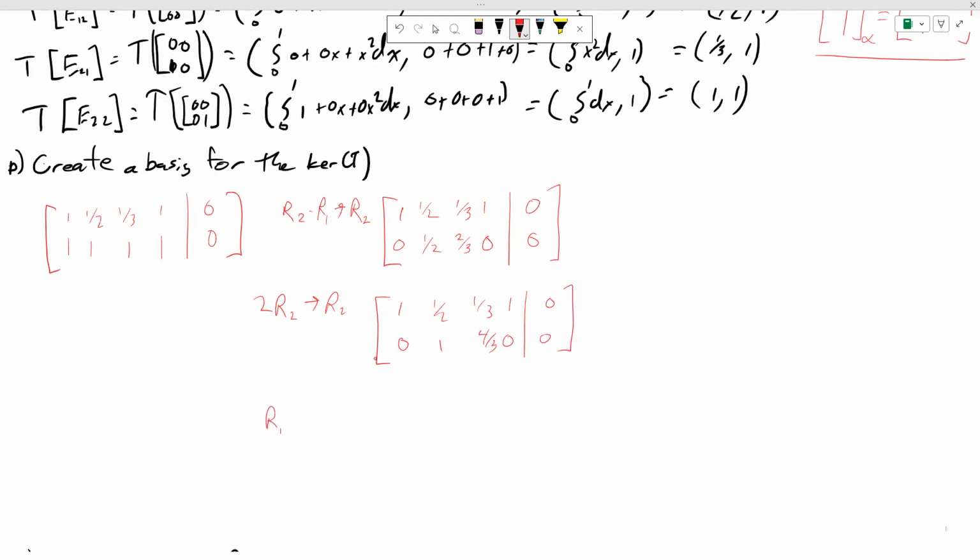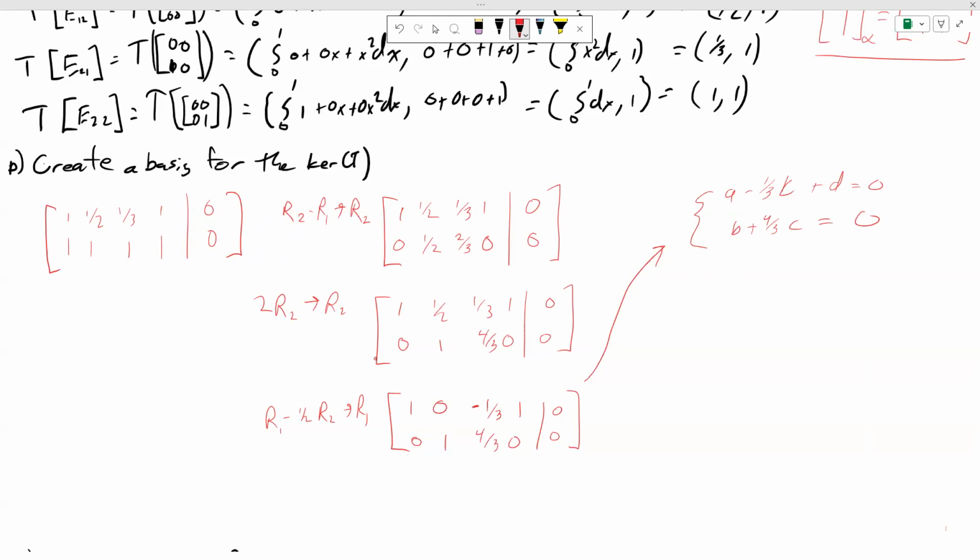And now R1 minus 1/2 R2 replacing R1 is going to give us 1, 0, minus 1/3, 1, 0, 1, 4/3, 0, giving us the equivalent system of equations of A minus 1/3 C plus D equaling 0 and B plus 4/3 C equal 0.